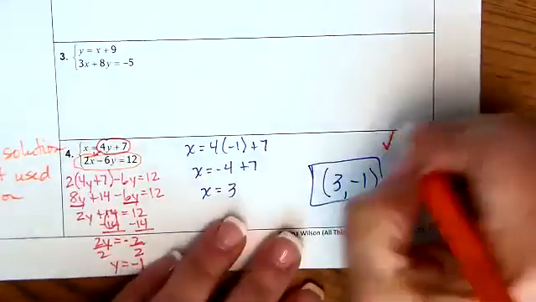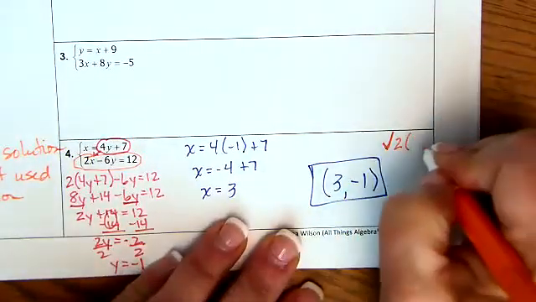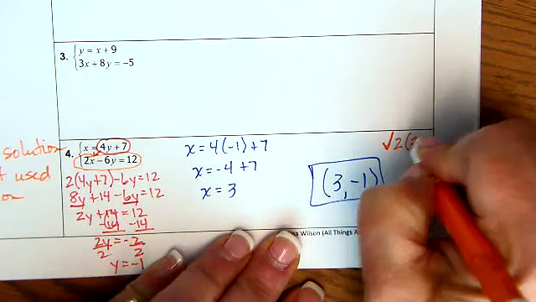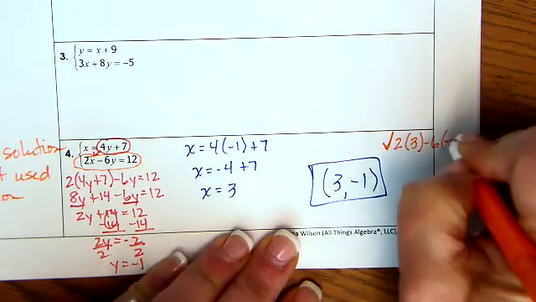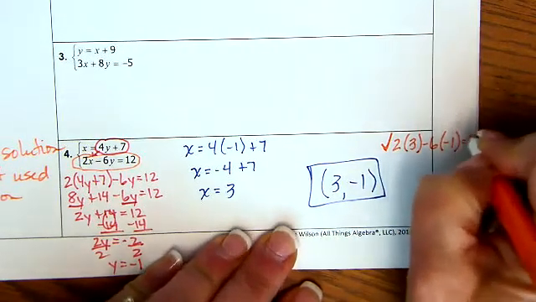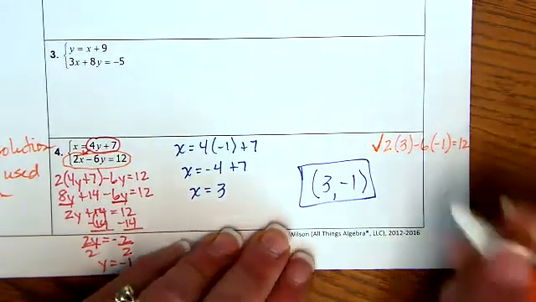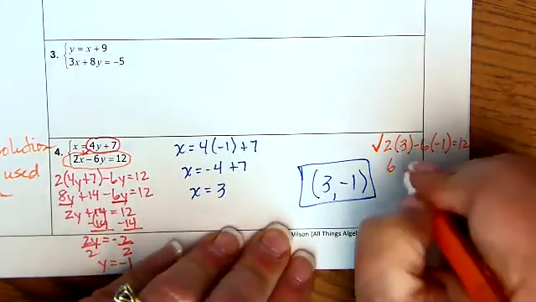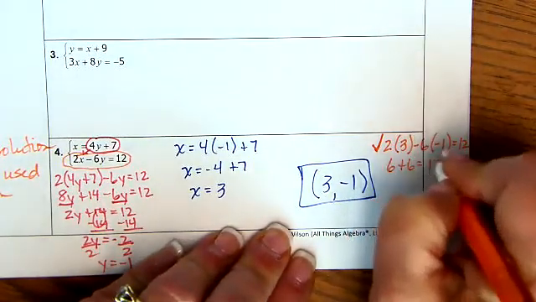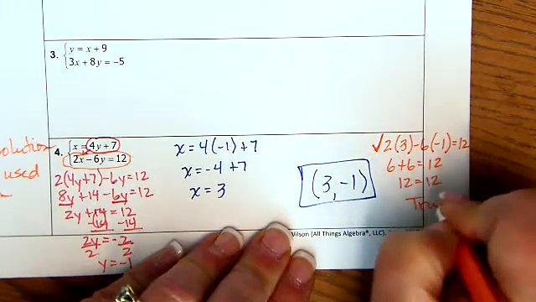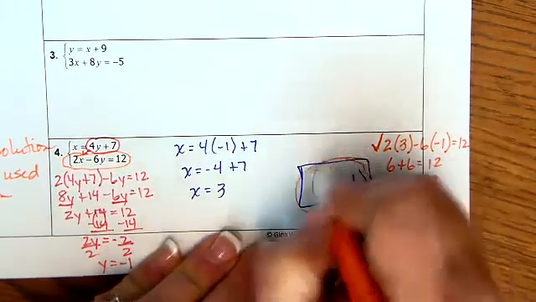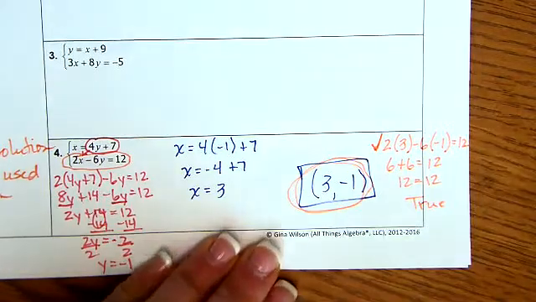So I have 2 times 3 minus 6 times negative 1 equals 12. So I have 6 plus 6 equals 12. 12 equals 12. This is true. So therefore, this is my correct answer.